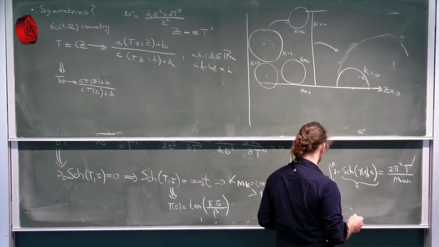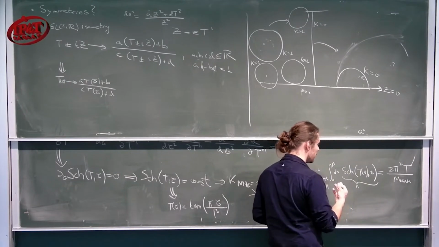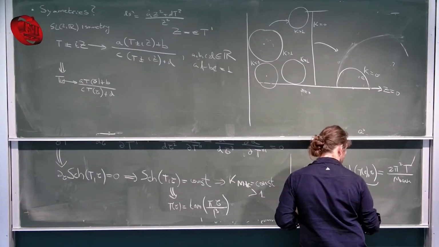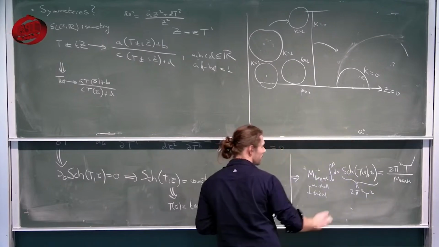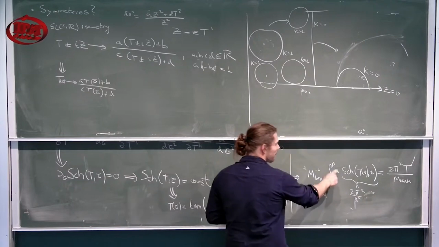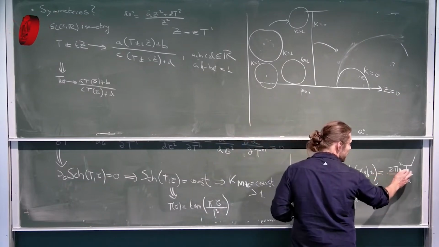Let me make sure that I'm not saying something wrong. It evaluates, I think, to 2 pi squared t squared, or 2 pi squared over beta squared. And when you integrate from 0 to beta, this constant, you get this factor of 2 pi squared t over m break.